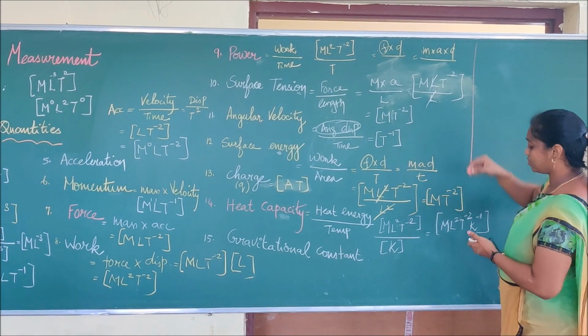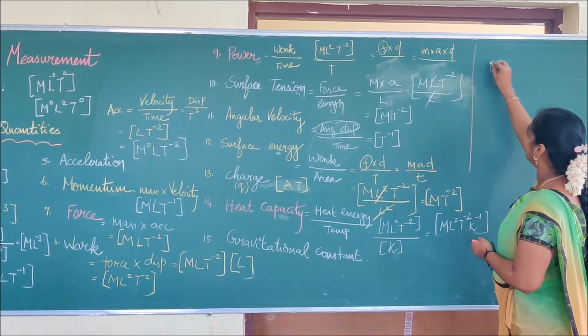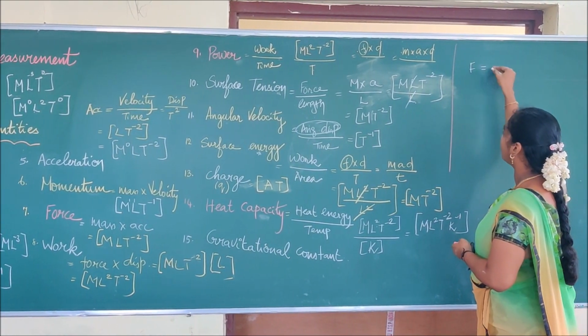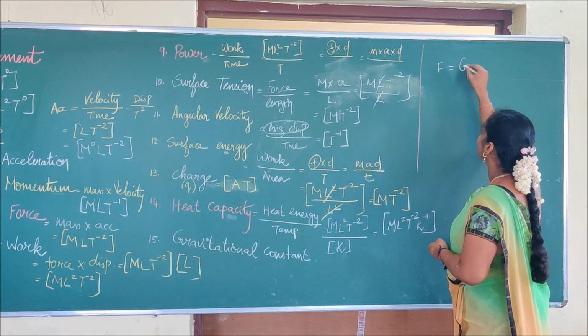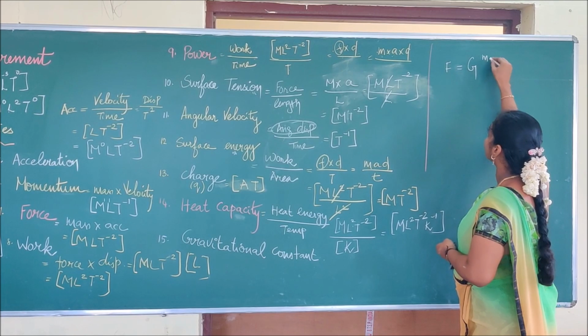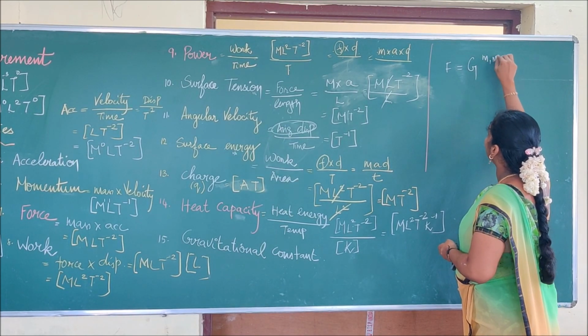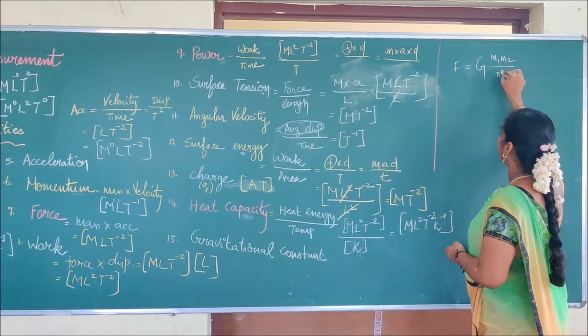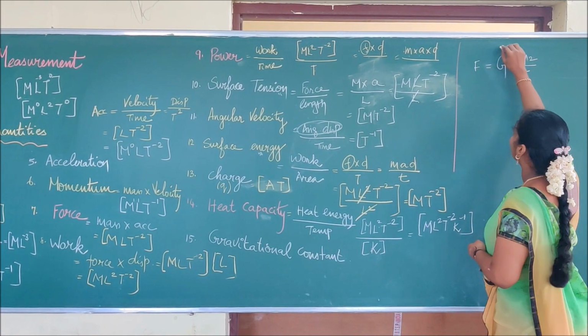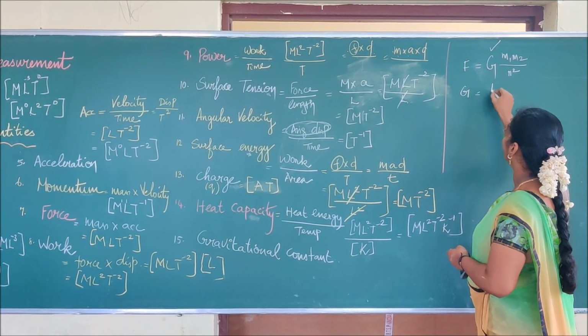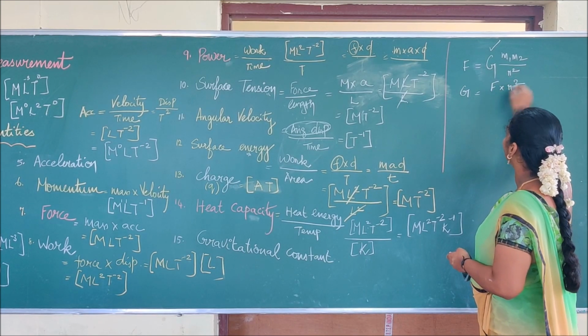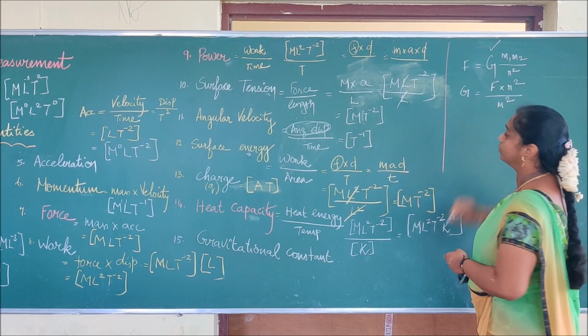Therefore, I can write F is proportional to M1 M2 divided by R squared, and the proportional sign becomes the gravitational constant G. So we want to find the gravitational constant, G is equal to force into R squared divided by M squared.